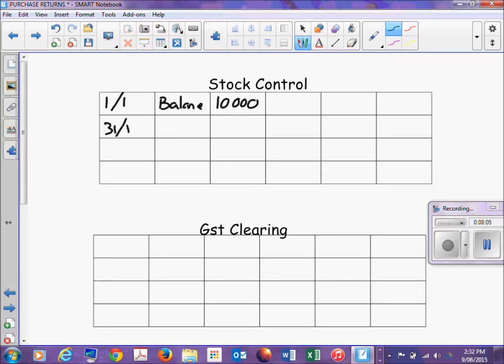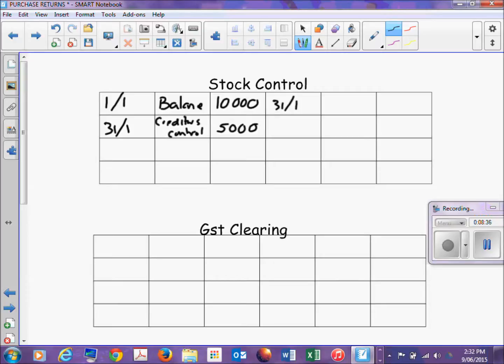Start with stock control because we're in the stock control ledger. Creditors control. Let's buy $5,000. Then during the period, we sold some stock. What would the cross-reference be?